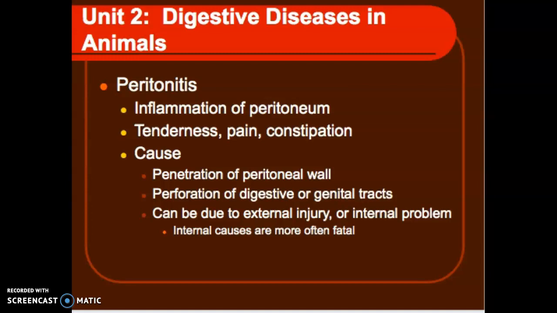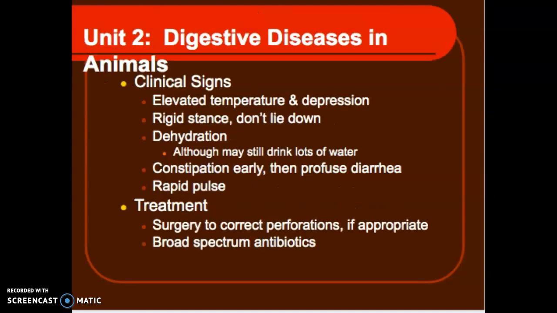So usually it's some other kind of internal problem, and the signs that you see tend to be associated with infection. You're going to see elevated body temperature, a depressed animal, an animal that, very uniquely to peritonitis, is rigid in stance and doesn't lie down, and that's because there's something very painful in their gut.